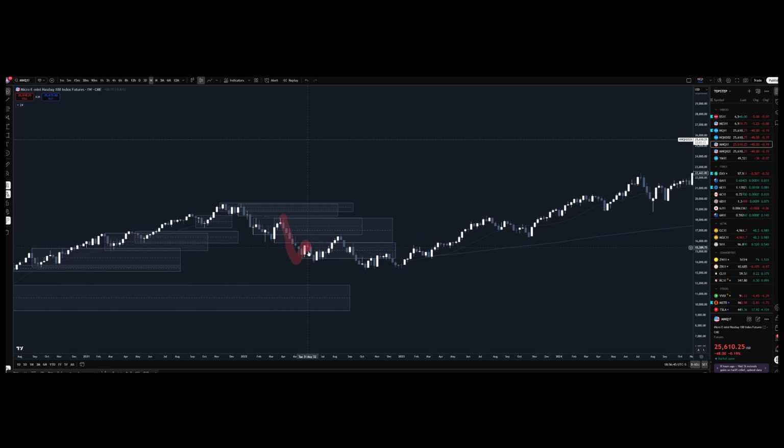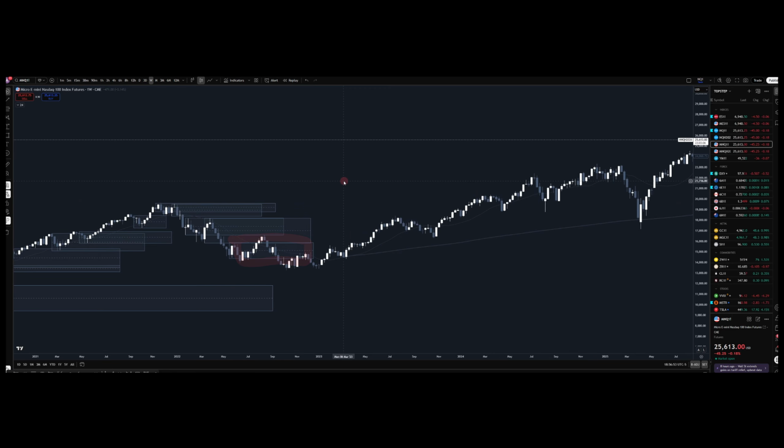The SBS in here, 1, 2, 3, 4. Sweeps the high, takes the low. Redistribution zone.